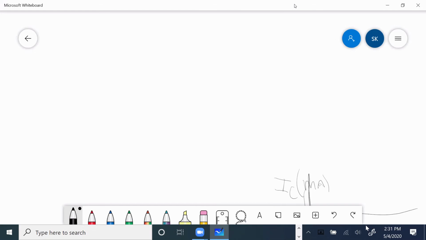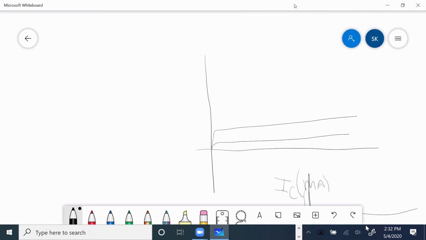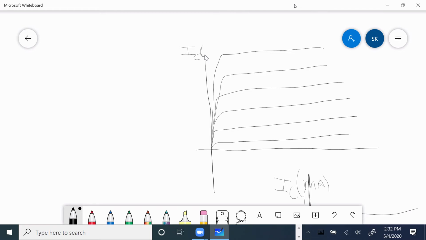Okay, so this is the characteristic of the transistor. This is given to me by the manufacturer. This is IC in milliamp.